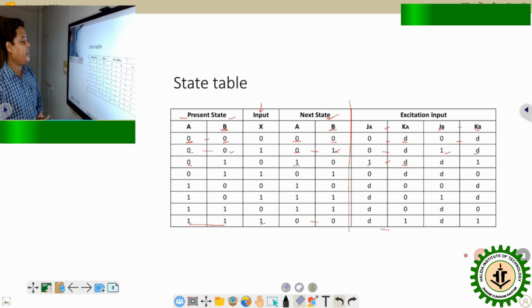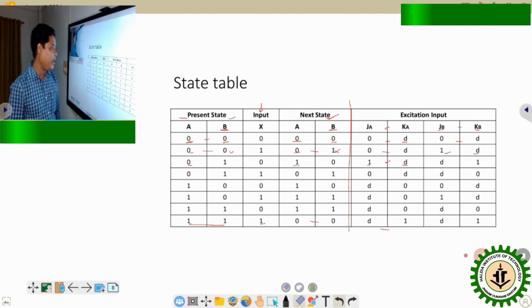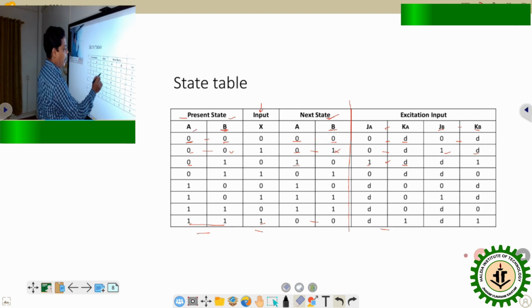After completion of this table, we have to prepare the combinational circuit or equation for the excitation inputs JA, KA, JB and KB based on the present state A and B which is available to us and the input X given to the circuit.